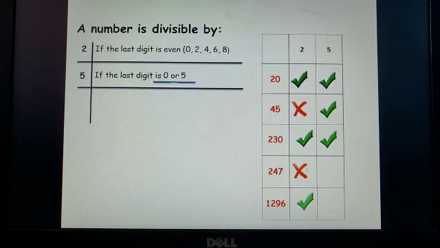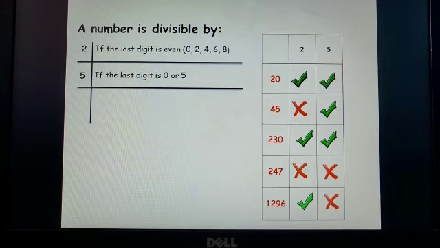Is the last digit a 0 or a 5? It's not, it's a 7, so we know that that is not divisible by 5. 1296. Let's look at the last digit. We can see it's a 6, so no, it's not divisible by 5.